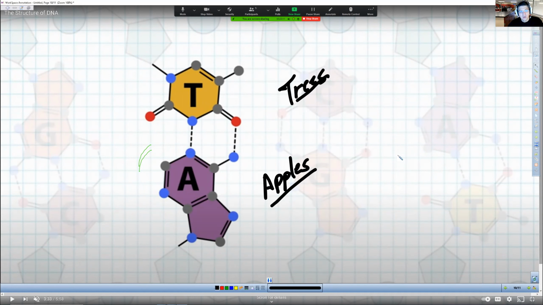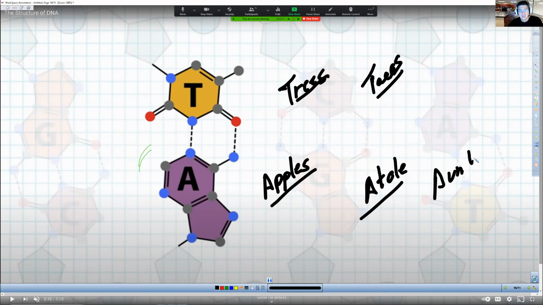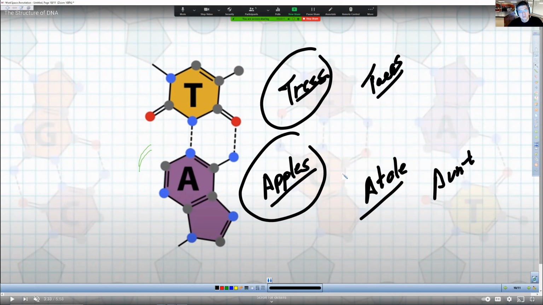Apples on trees, or however you want to use it. But you have to have something in your head to remind you of those base pairing rules. That's what this is called, the base pairing rule.